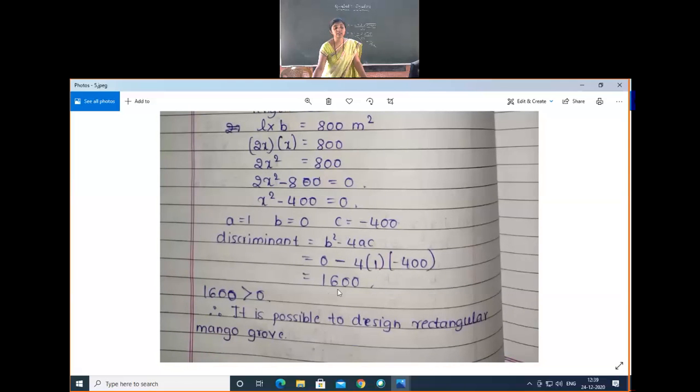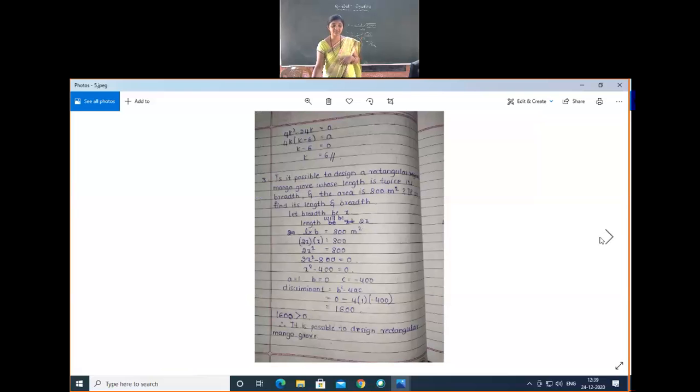The discriminant is a positive number, greater than 0, so the roots are real. Then it is possible to design a rectangular mango grove. Yes, because we got a positive discriminant. So, find the length and breadth.